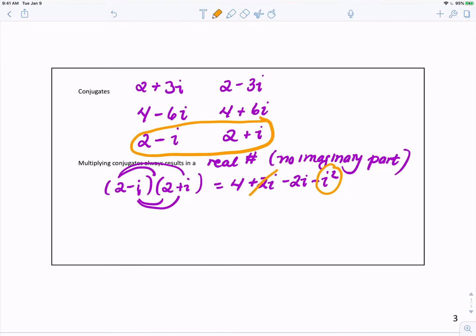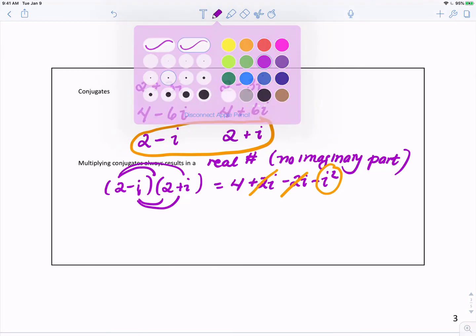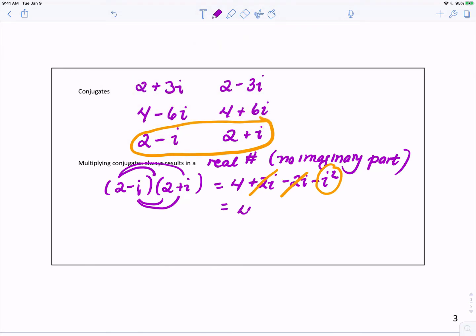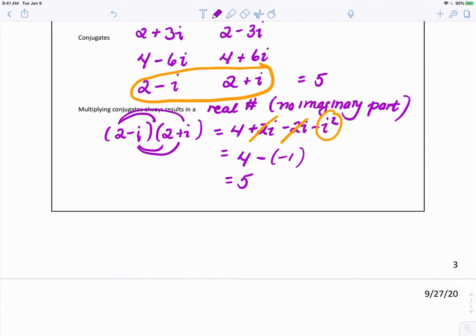And notice that the 2i and the -2i will cancel. That will always happen when you have conjugates. So we're going to be left with 4 minus -1, or in other words, 5. We multiplied two conjugates together, and see, we got a real number, with no imaginary part.